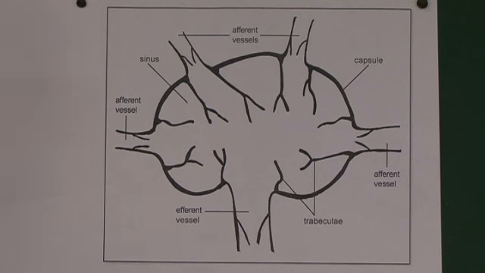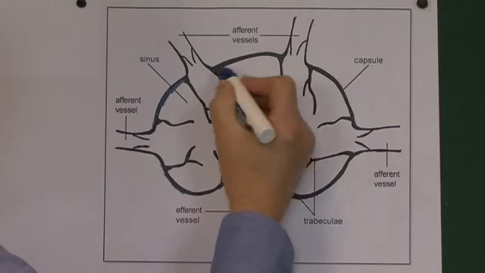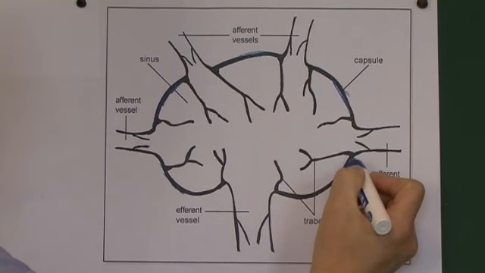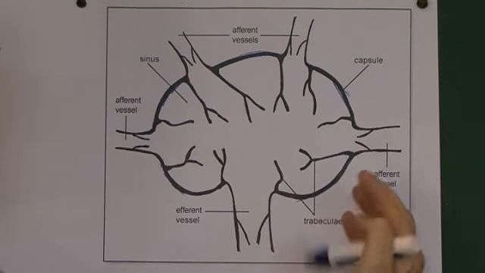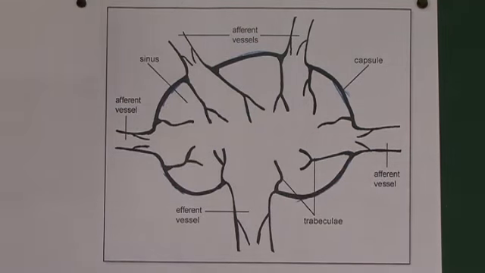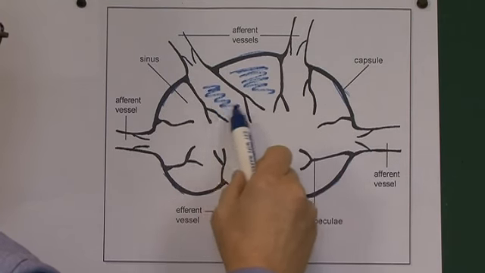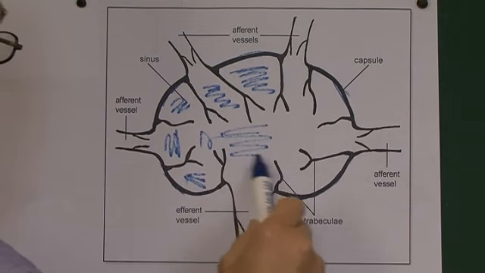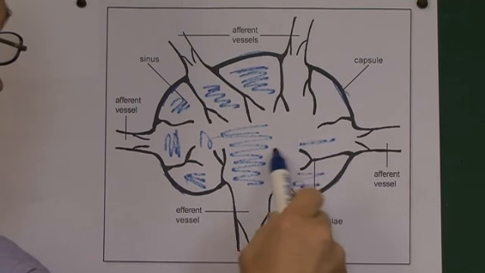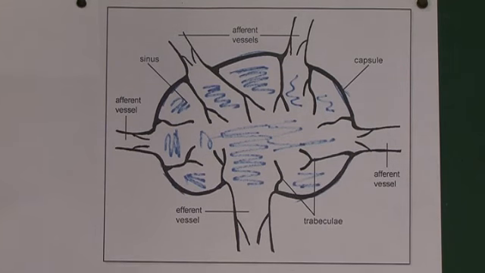So here we see a single lymph node. It's got a capsule around about the outside, around here, fibrous tissue, and these projections go in called trabeculae into the lymph node to sort of compartmentalise it. And we've noticed that there's reticular networks in here. And this contains a lot of lymphocytes and macrophages.